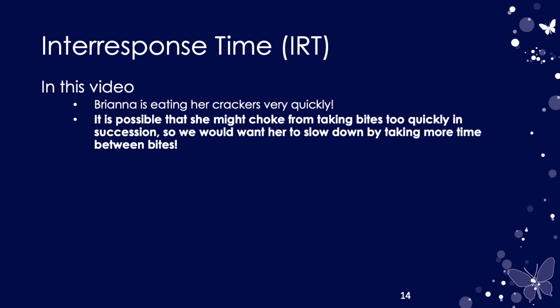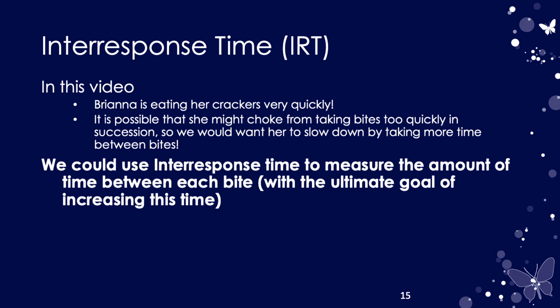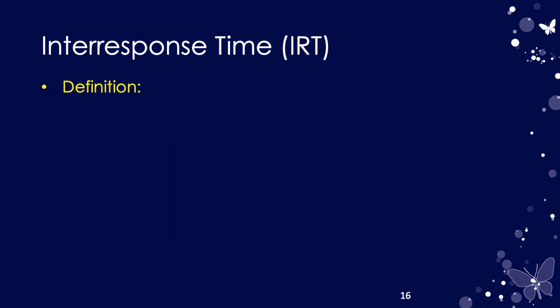It is possible that she might choke from taking bites too quickly in succession, so we would want her to slow down by taking more time between bites. We could use interresponse time to measure the amount of time between each bite, with the ultimate goal of increasing this time. What is interresponse time, or IRT, exactly?